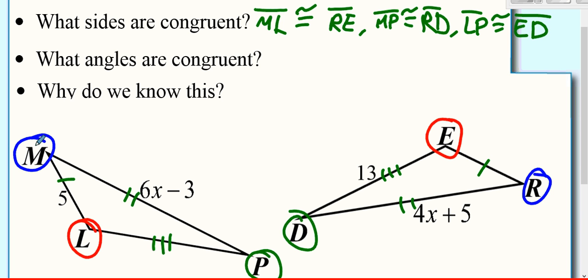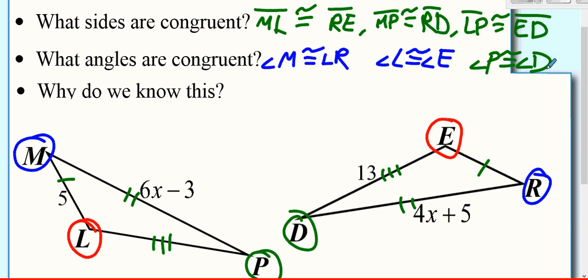In this case, angle M and angle R. And we can go red to red, angle L, angle E. And last we can go P and D, angle P, angle D. And then again, that 5 letters tells us why we know it.